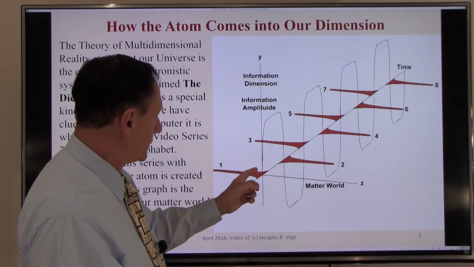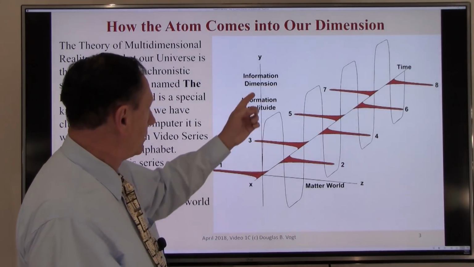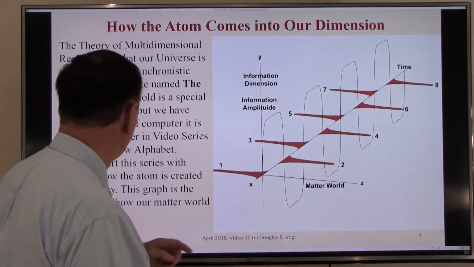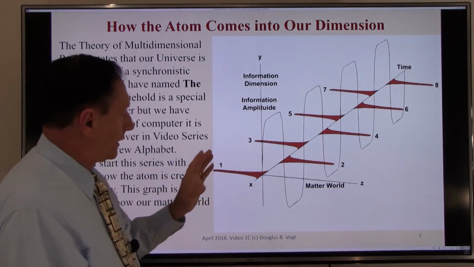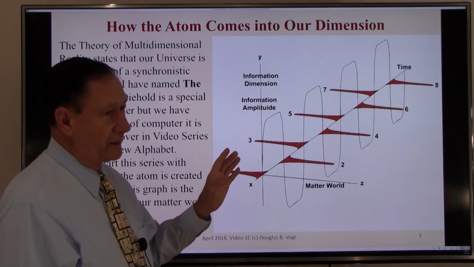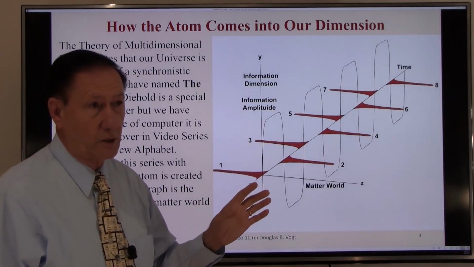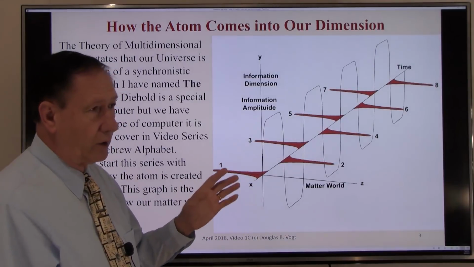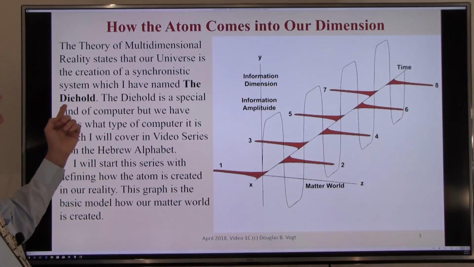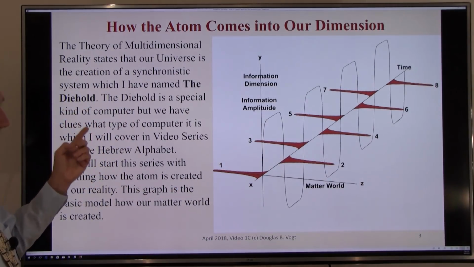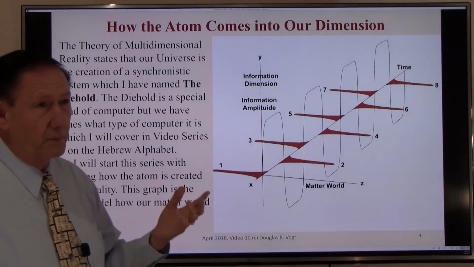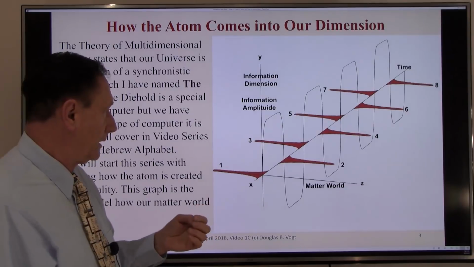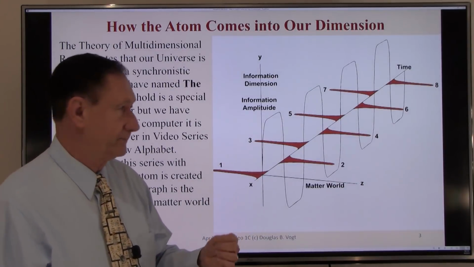This graph shows the matter world, the information world, and time. The Diehold, anyway, when you say something is part of a synchronous system, you're saying it's part of a computer. I call this computer the Diehold, D-I-E-H-O-L-D, spell it right. And it's a special kind of computer, obviously. It's some kind of quantum computer, but it creates reality.